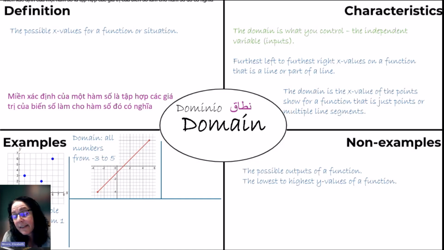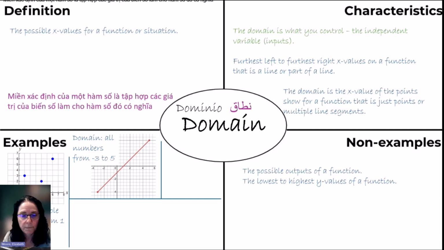This literally means the domain of a function is the set of values of the variables that make the function meaningful. So I put it over on the definition side. It's also a little big to put in under domain. And the Tagalog is also spelled domain, just as it is in English.